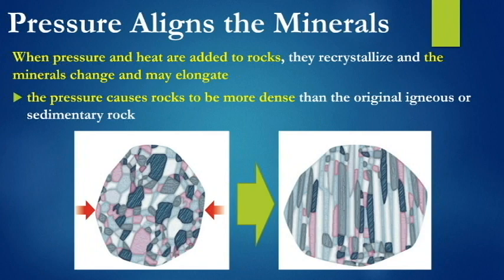So when you add pressure to a rock, you can actually see it right here on the left. We're adding pressure to these crystals, and you can see how the pressure changes the minerals. They've actually become elongated. They've stretched out. And they're able to do that through a process that's called recrystallization.